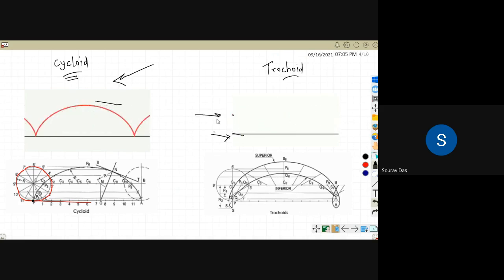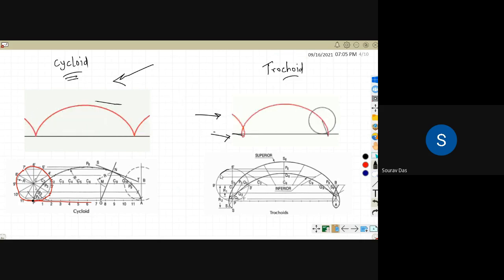In this animation we can see a point which is outside the circle. The locus of that point because of the rolling of the circle is known as trochoid. So the point may be outside the circle or inside the circle, but for cycloid that point is on the circumference of the circle.